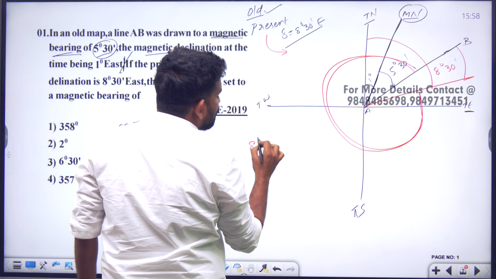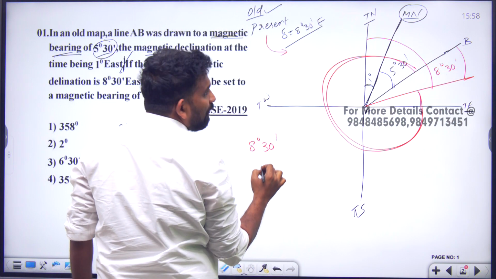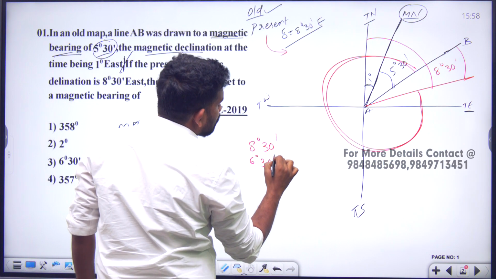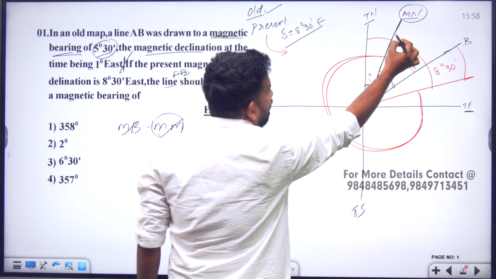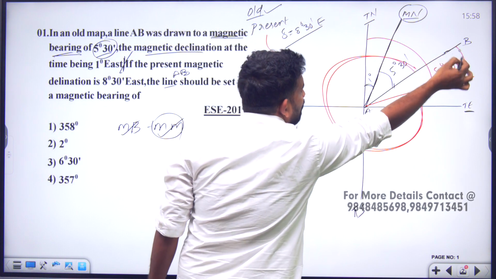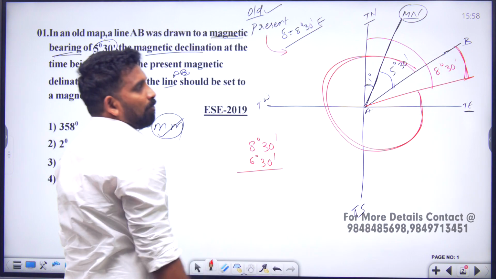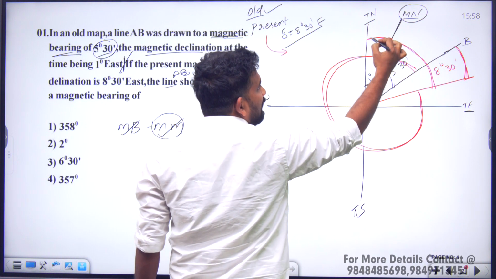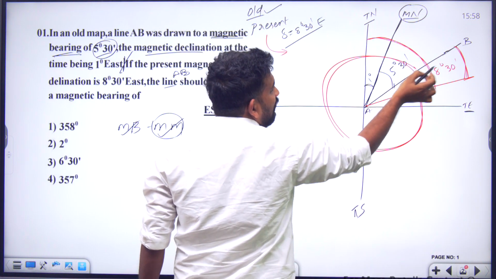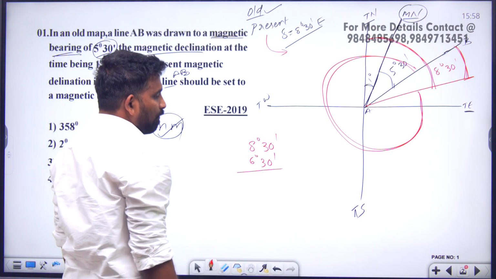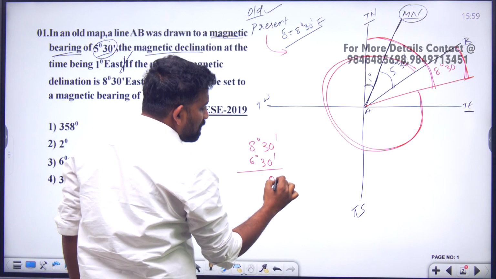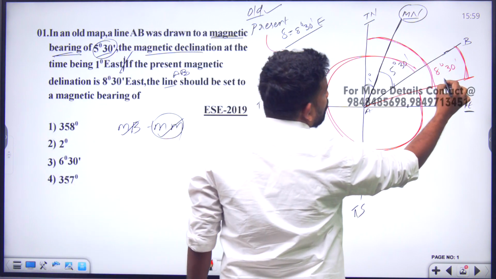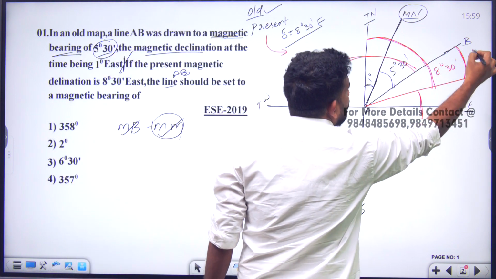From 8 degrees 30 minutes, if I subtract this 6 degrees 30 minutes, I will get this angle. So 30 minus 30 comes out to be 0 minutes, and 8 minus 6 is 2 degrees. So this angle comes out to be 2 degrees.